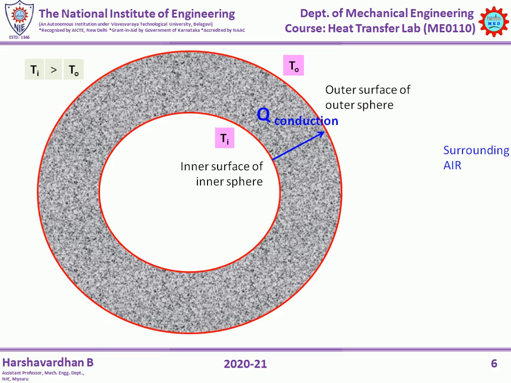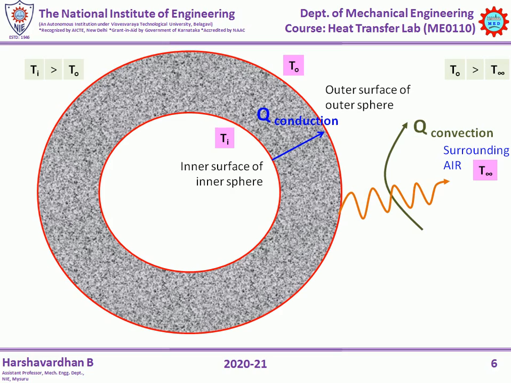Once the energy reaches the outer surface, T0 is going to be greater than the surrounding air temperature, T infinity. Because of the temperature difference between the outer sphere and the air surrounding it, when T0 is greater than T infinity, from the outer surface heat will be transferred to the still air by convection mode as well as by radiation mode.